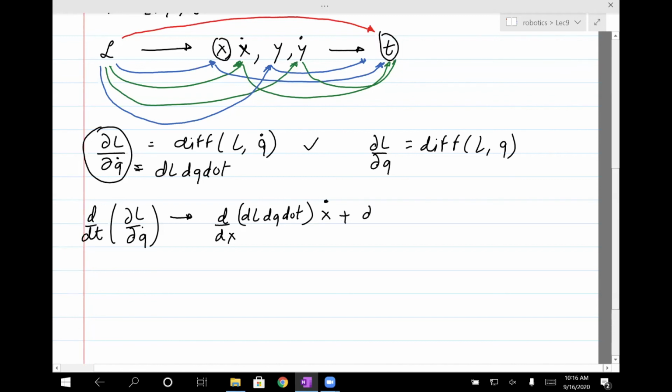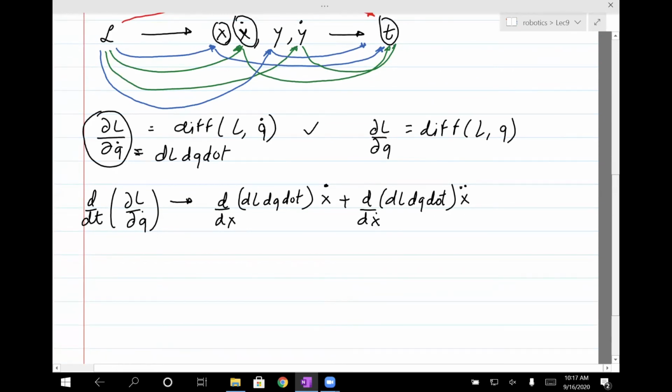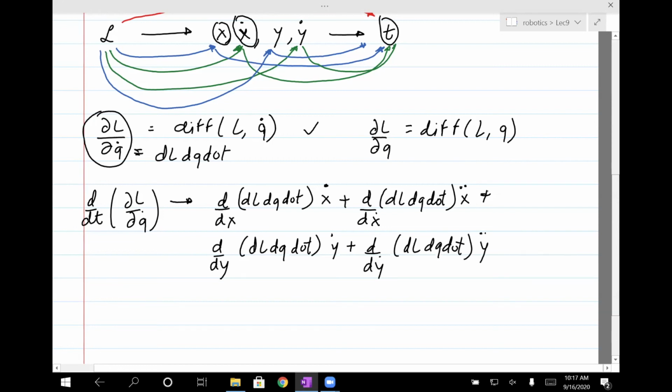Then I need to go d dx dot of dL dq dot times x double dot. So that's the second part. So that's just completing the first two. I still need to do the same thing for y: d dy of dL dq dot times y dot plus d dy dot of dL dq dot times y double dot.